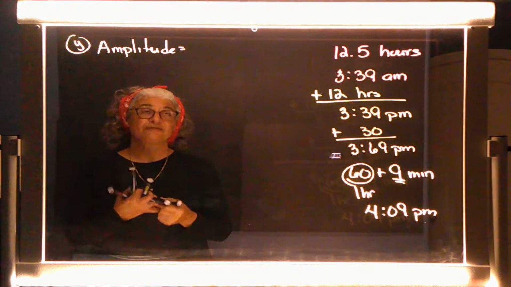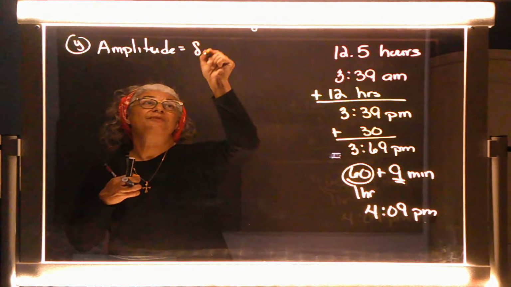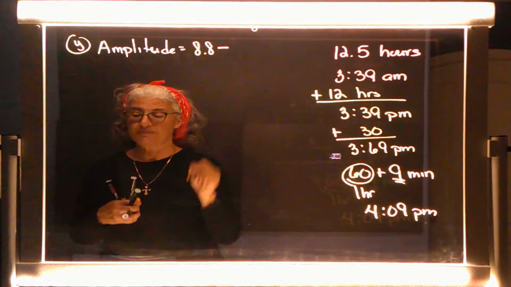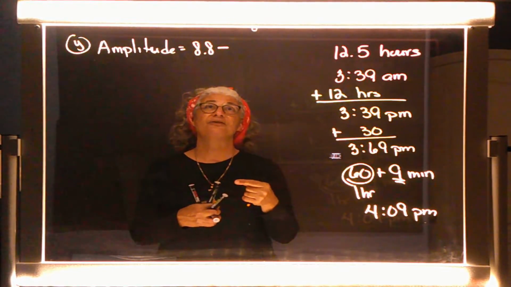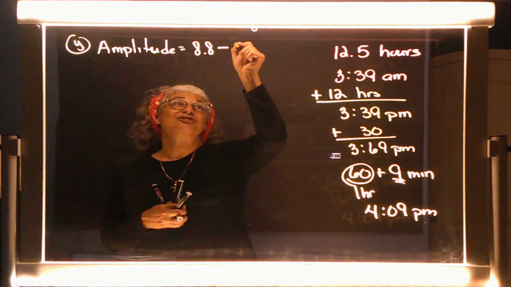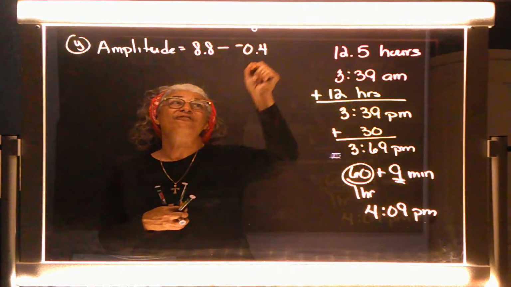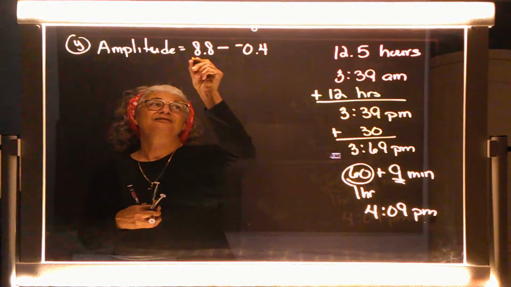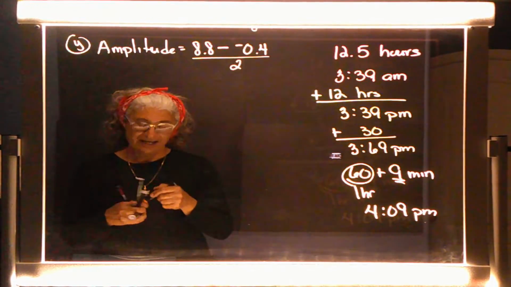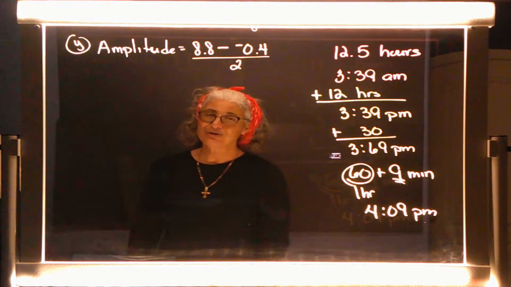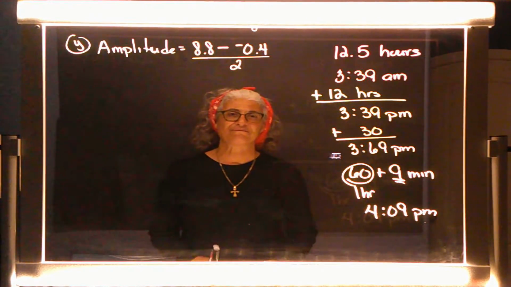Good, 8.8 feet. And you're going to subtract from it the lowest wave, which they said was actually a negative 0.4 feet, right? Divided by 2.